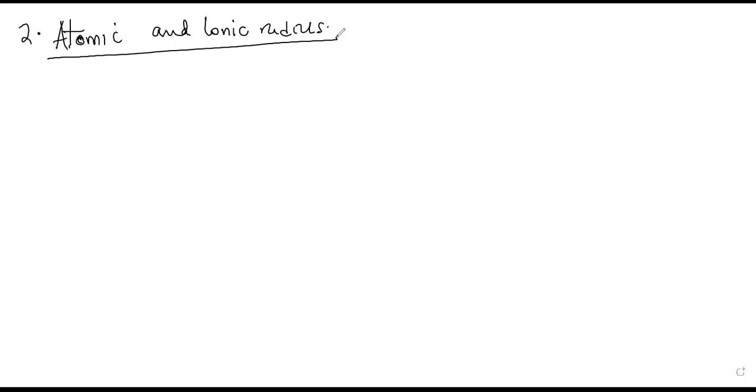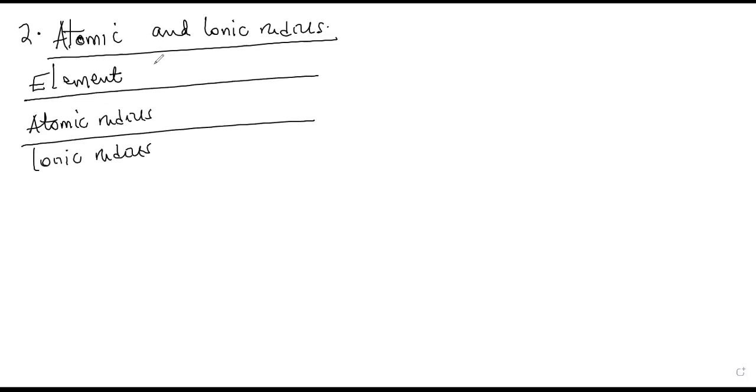So we have an element, atomic radius and ionic radius: fluorine, chlorine, bromine, and then iodine.